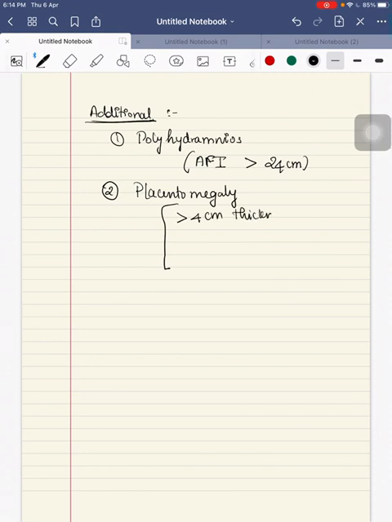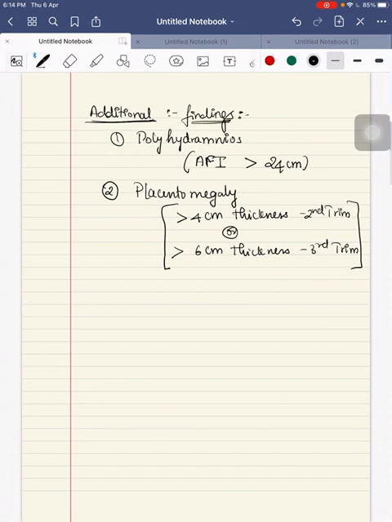Placentalomegaly includes when the placenta is more than 4 centimeter thickness in second trimester, or more than 6 centimeter thickness in third trimester. These are the additional findings.